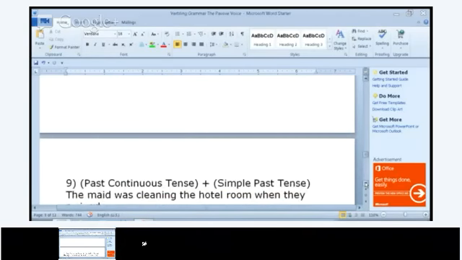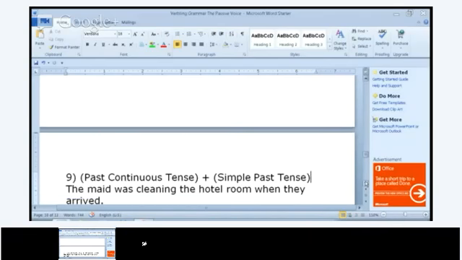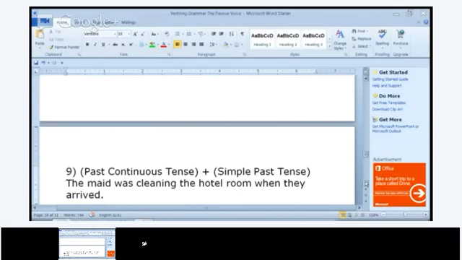So this is a compound sentence, or complex sentence with past continuous, and it has simple past tense in it. So what we want to do is, is that correct? Yeah. What we want to do is we want to take a look at the first clause.